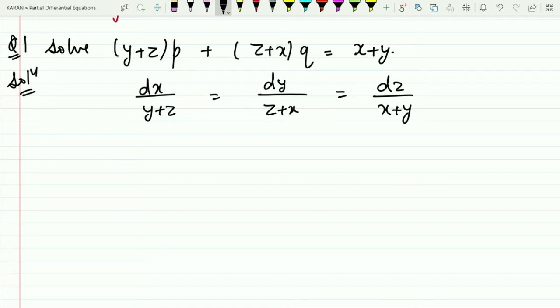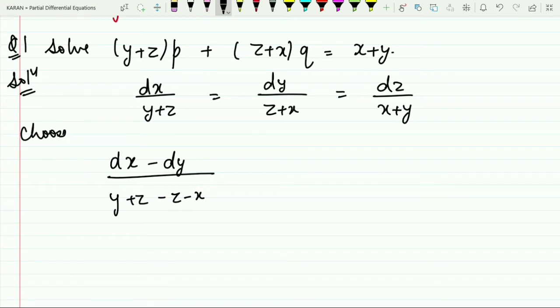Now you can easily see that you should subtract, that is dx minus dy, which will be equal to y plus z minus x. How can you consider this? Choose the Lagrange multipliers as 1, minus 1 and 0.